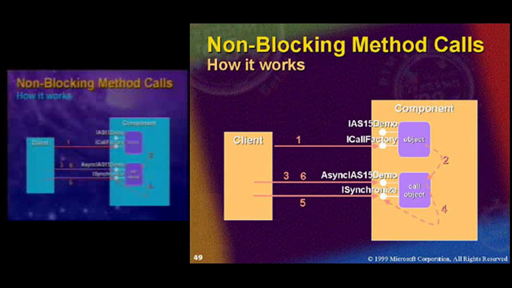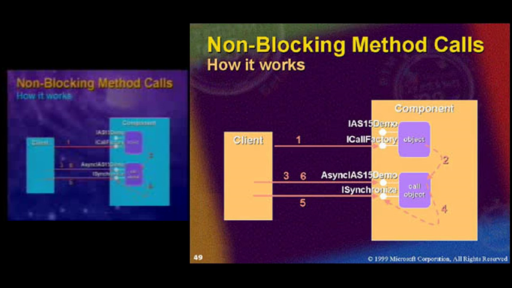If you are within an apartment, the client and the component have to agree on the calling model. They either both have to choose non-blocking method calls, or they both have to choose synchronous. If, on the other hand, you are going across apartments, across process, across machines, the proxy stub architecture gets in the way, and we can correct for the mismatch.